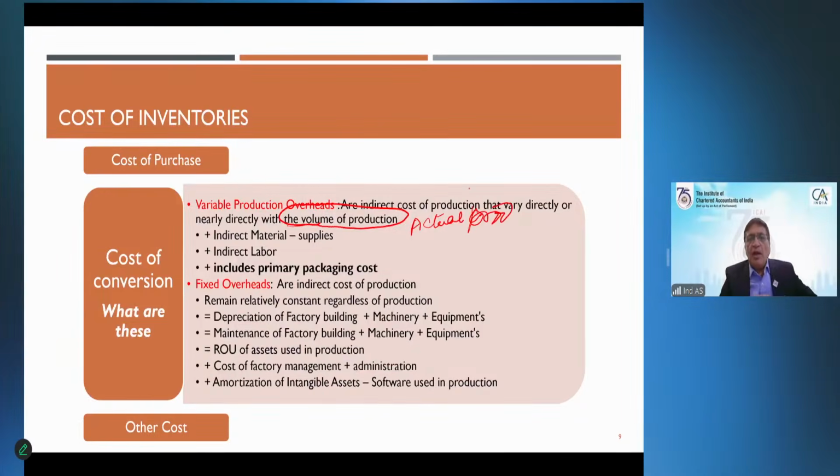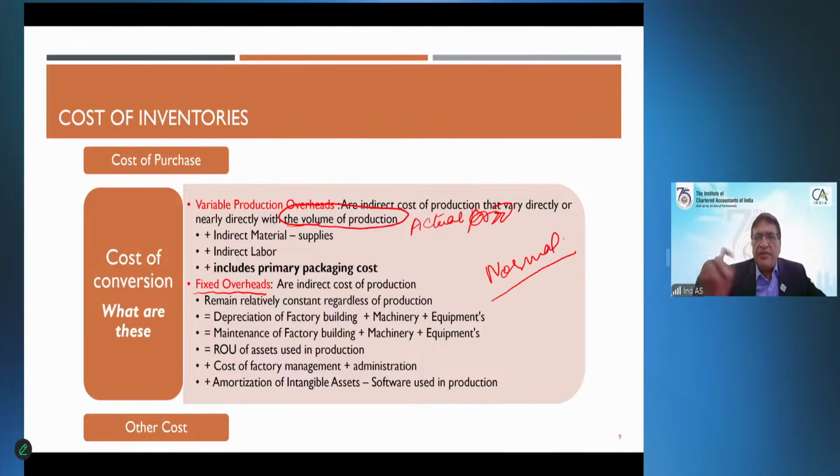Whereas in the case of fixed overhead, since overheads are fixed, there is a probability that it may be under-absorbed or over-absorbed. So therefore, in case of fixed overhead, I take the normal capacity.